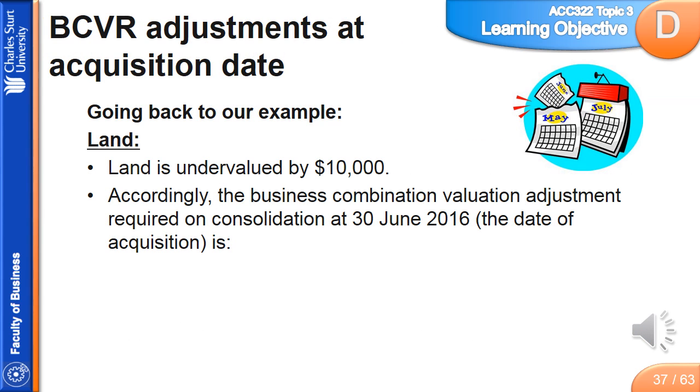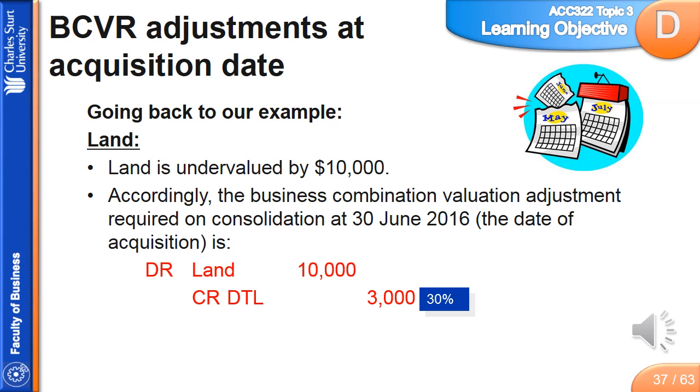So in our example, land was undervalued by $10,000. As part of our consolidation journal entries, we need to adjust land and increase its value by $10,000 via a debit to land. On the credit side, we would firstly increase the deferred tax liability account by 30%.